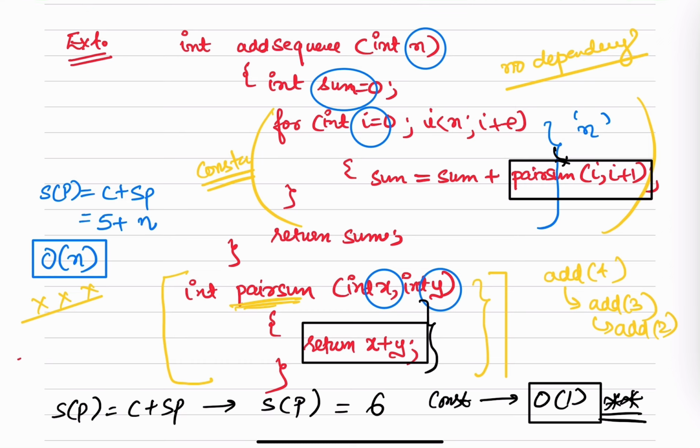It is not like you are calling it here itself and allocating the space to it here itself. The compiler doesn't work that way, right? So if functions are not called simultaneously, that space won't be counted in the space complexity. Understanding it? All right. So we'll conclude this example.